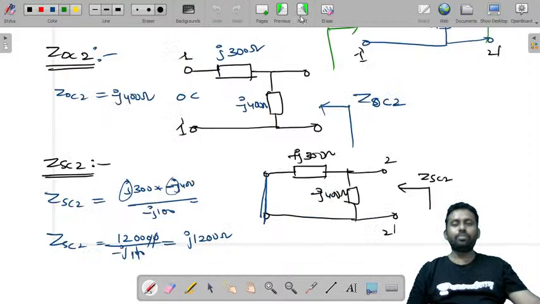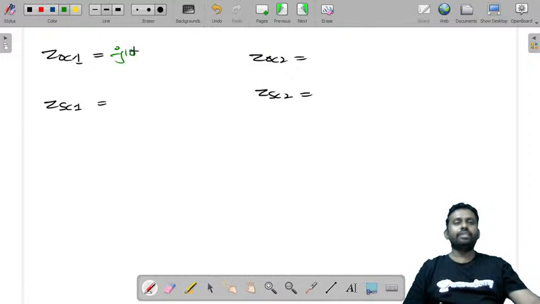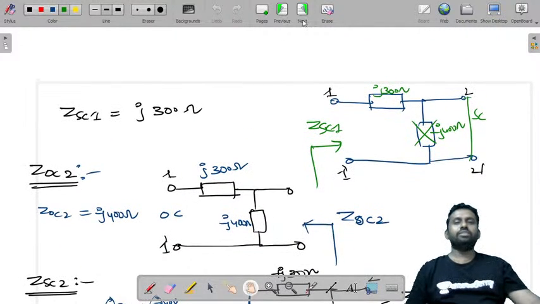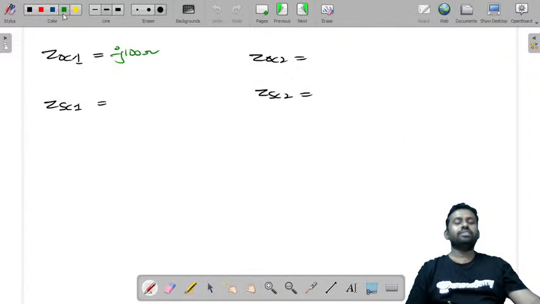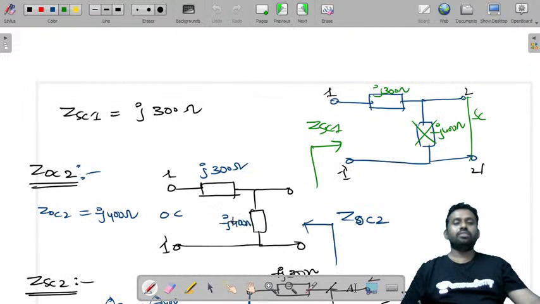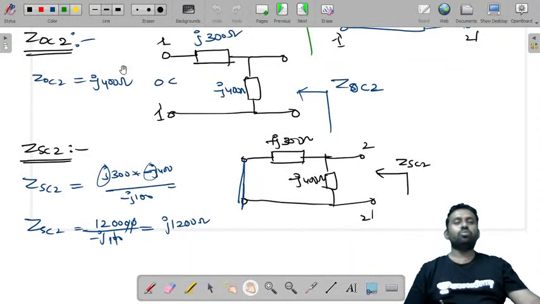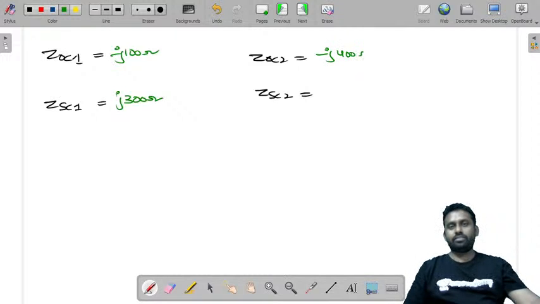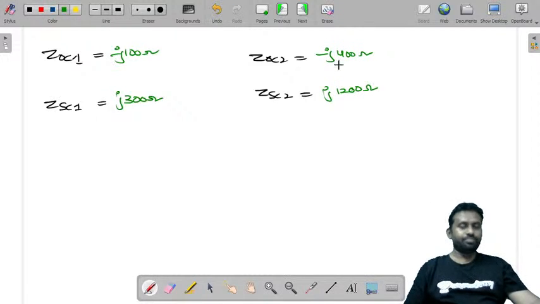ZOC1 is minus J100 ohms, ZSC1 is J300 ohms, ZOC2 is minus J400 ohms, and ZSC2 is J1200 ohms.